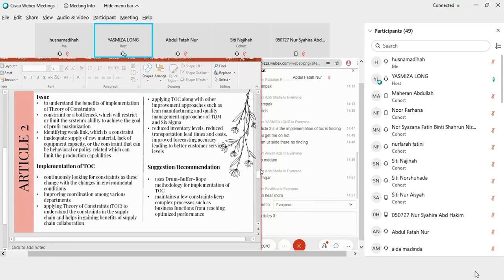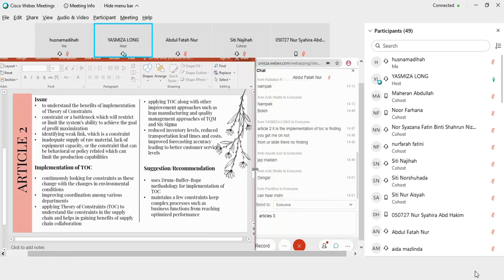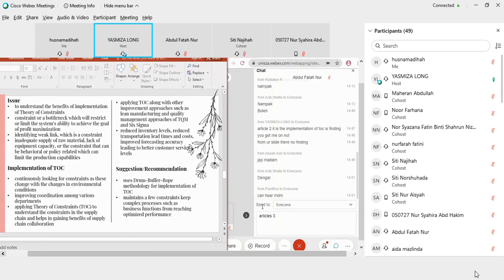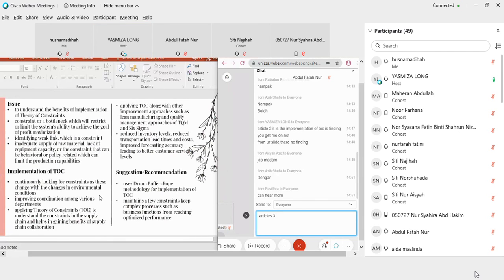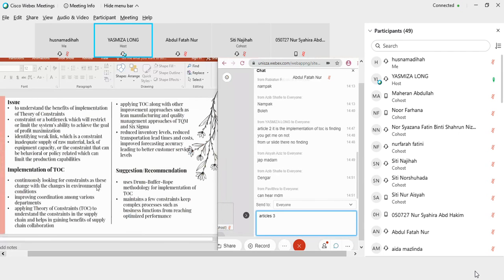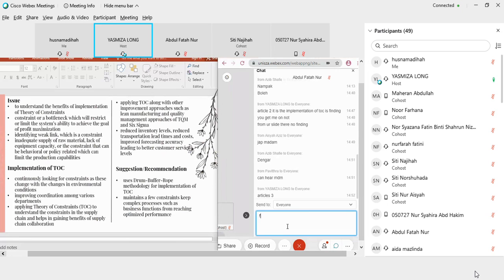So untuk first group ni, untuk report awak nanti make sure untuk artikel 2 ni you cari dulu. Okay. What is the finding in the article 2? Boleh tak? Okay, boleh, madam.